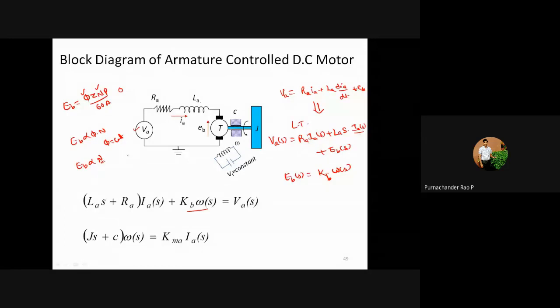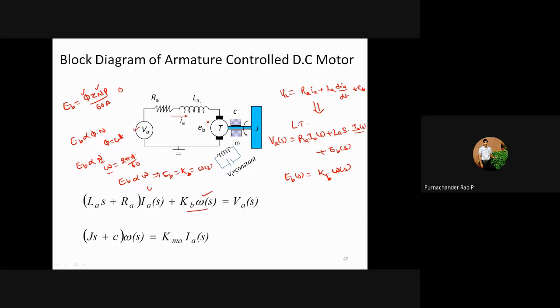Or you can take it in terms of angular velocity, which is nothing but 2 pi N by 60. Omega is equal to 2 pi N by 60, and therefore EB is proportional to omega. The proportionality constant can be taken as KB, okay, into omega of S.